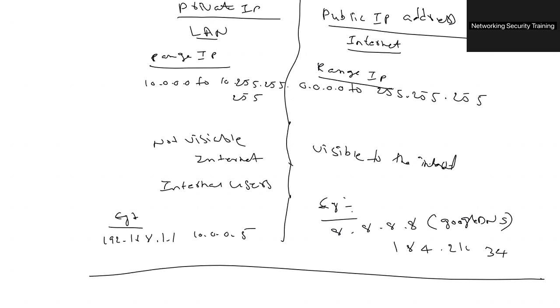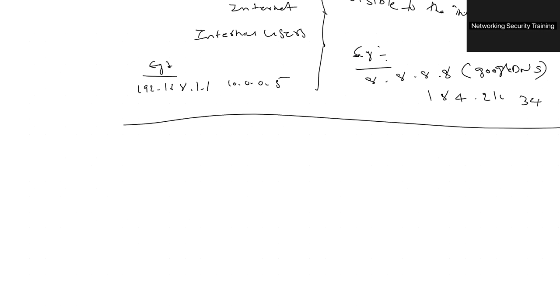Coming to private IP addresses, they are usually used in a local area network, for example in homes and offices, facilitating communication within it, for example 192.168.1.1 to 10.0.0.5.